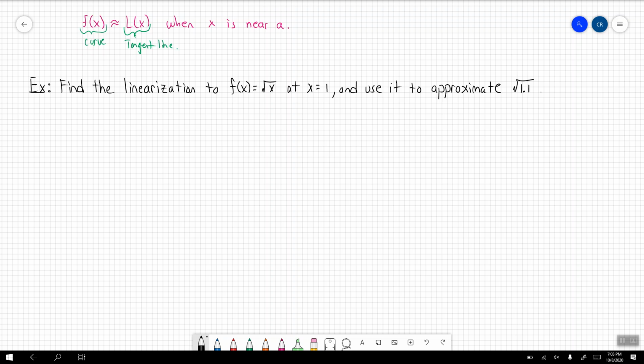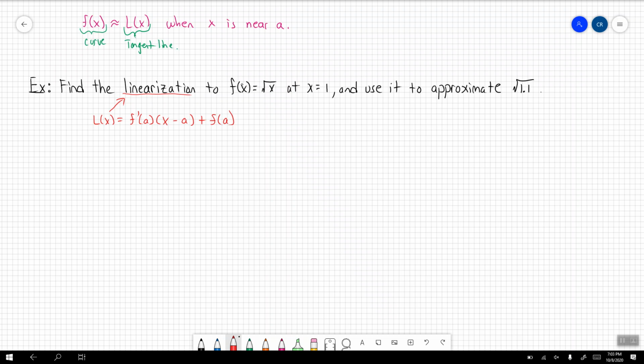All right, so we're going to go into it and we're going to dissect everything that we need. So first off, we have the function. The function is the square root of x. They're giving us a value for which we want to calculate the linearization, which means the linearization equation is f prime evaluated at a times x minus a plus f of a, which means we need to evaluate a few items here.